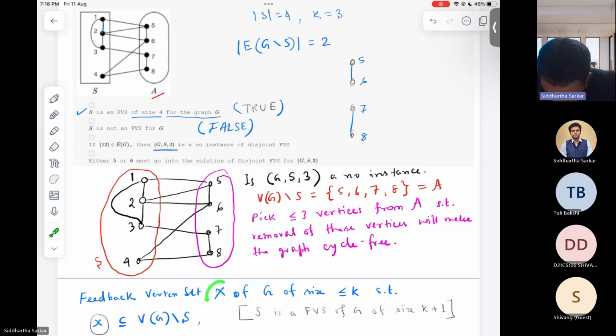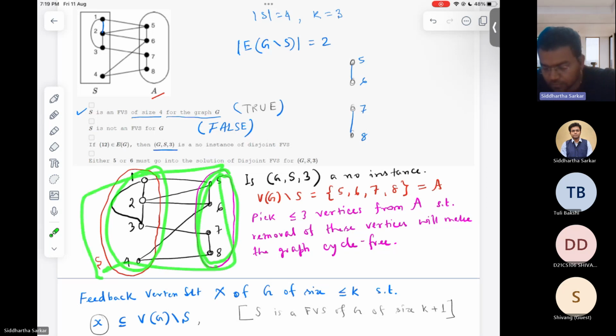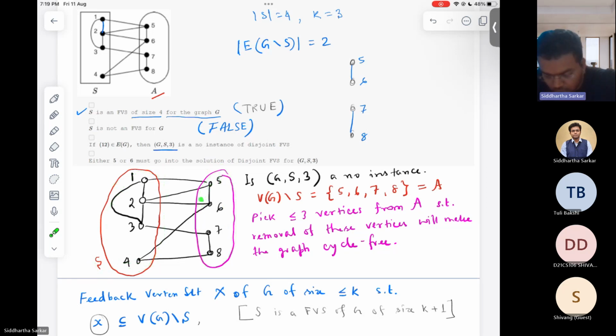So you are supposed to form this set X of size at most k from G minus S only. So your X is supposed to be a subset of G minus S only. S is given to you. So here S is this. So you're supposed to find a feedback vertex set from this set for the entire graph. So it should be possible to delete 3 vertices from here such that the entire graph becomes acyclic.